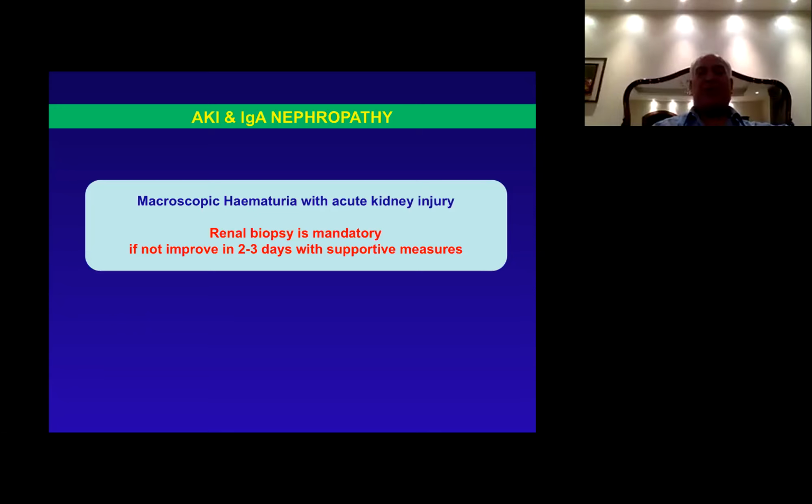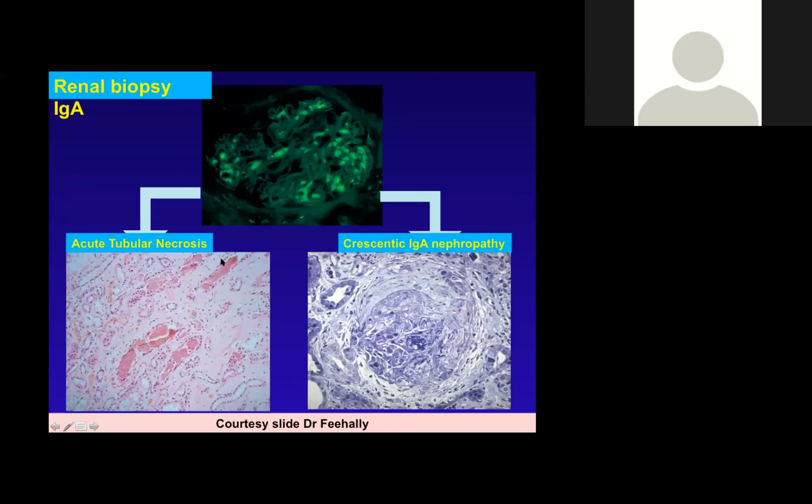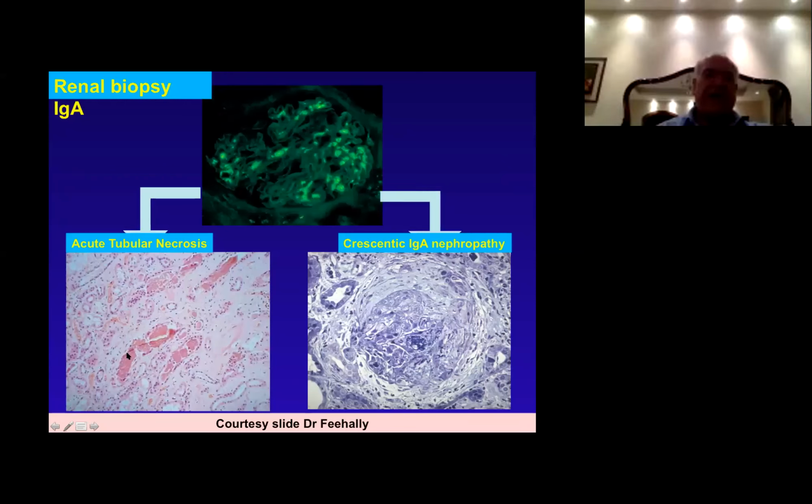Renal biopsy: when you see a patient with microscopic hematuria and kidney injury, a kidney biopsy should be done in 2 to 3 days with supportive measures. Two things you may see in a kidney biopsy with IgA nephropathy: no crescent at all, where the biopsy is full of blood and red cell casts because of the hematuria, and the hemosiderin can cause acute tubular injury.